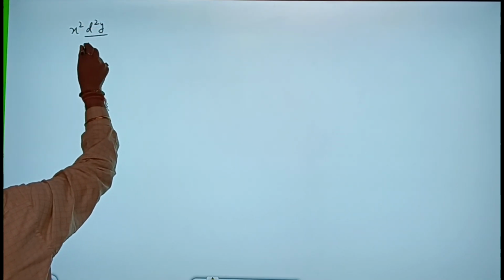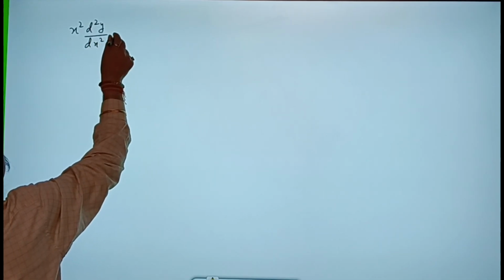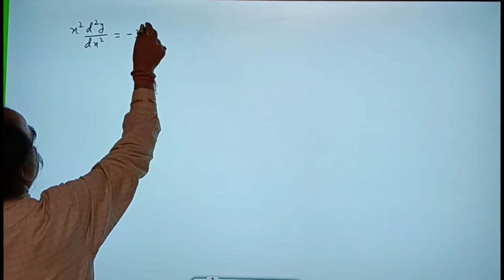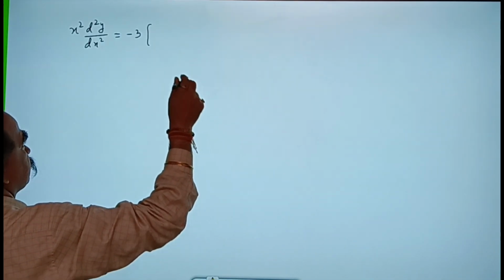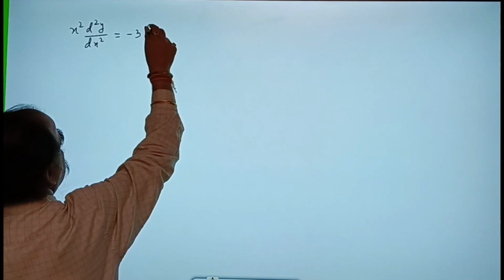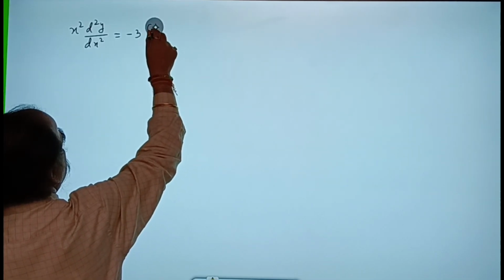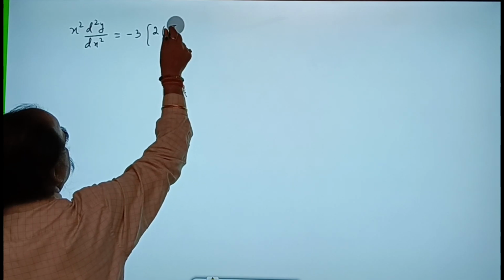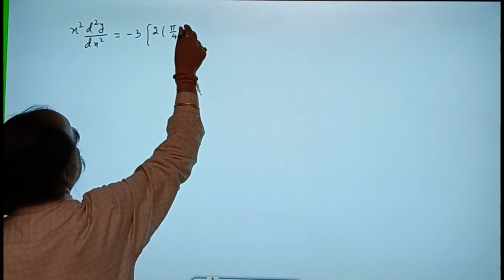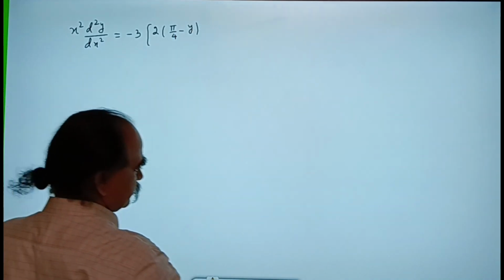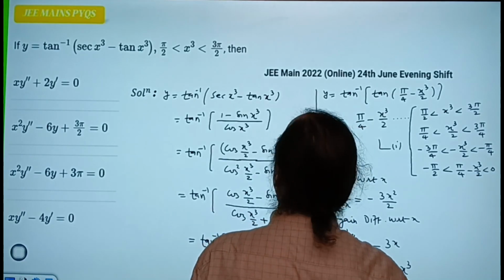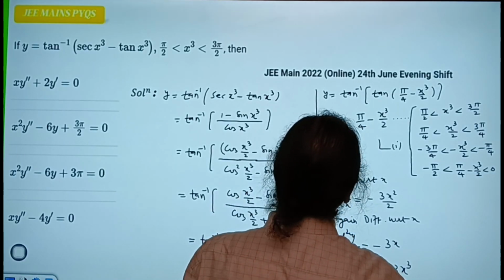So x square d2y by dx square is equal to minus 3 into, y was pi by 4 minus x cube by 2, so 2 you also multiply. 2 into pi by 4 minus y equals x cube by 2.